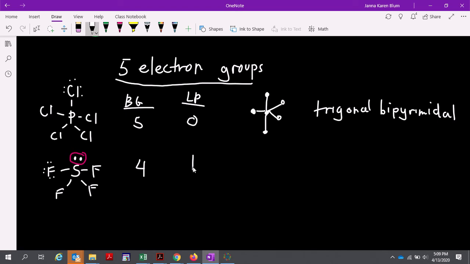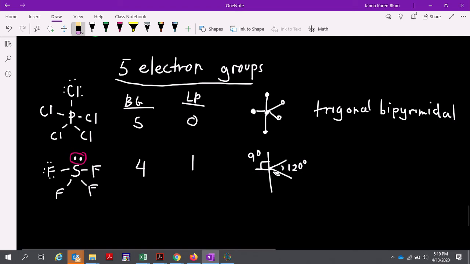Now what's interesting about the trigonal bipyramidal geometry, I'll go ahead and resketch it. I have 2 different types of bonds, because remember the angle here is 90 degrees and the angle going around the middle is 120 degrees. And given this idea that lone pairs want to take up as much space as possible, the place that they're going to pick is not going to be 90 degrees from 3 other bonds.